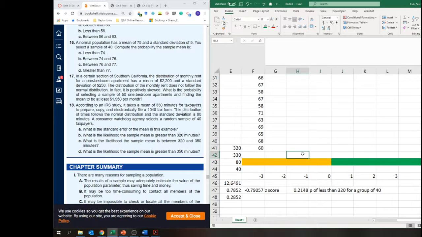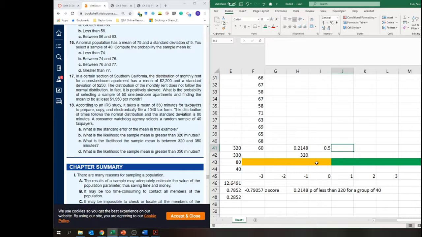In other words, half the individuals are going to be at the mean or below. Okay, but let's just say 320 is right here, which isn't exactly right. What's the probability of an individual being between the mean and 320? What I have to do is take 0.2148, which is the probability of it being 320 or below, and this right here is 0.5.